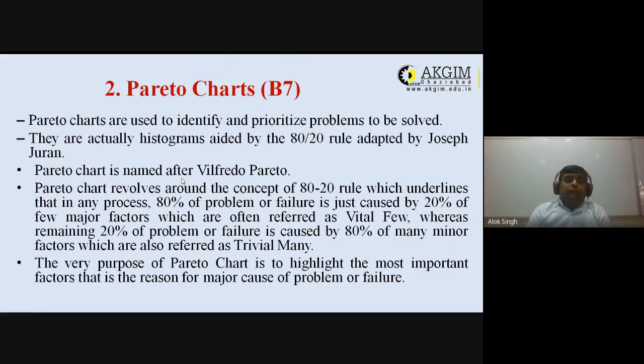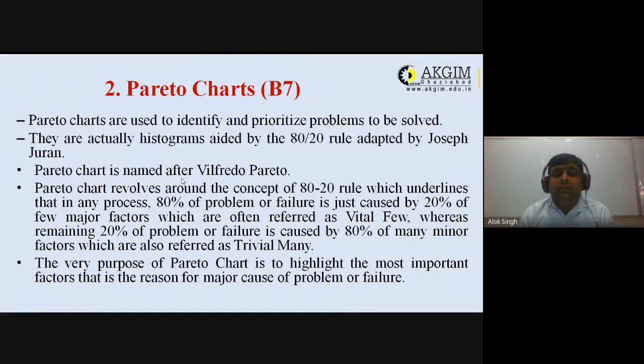So the Pareto chart revolves around the concept of the 80-20 rule, which underlines that in any process, 80% of problems or failures are caused by 20% of a few major factors, which are often referred to as the vital few. Whereas the remaining 20% of problems or failures are caused by 80% of many minor factors, which are referred to as the trivial many. So first identify the vital few and then work on the trivial many.